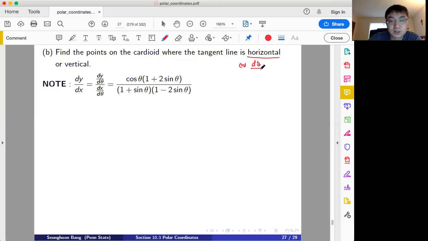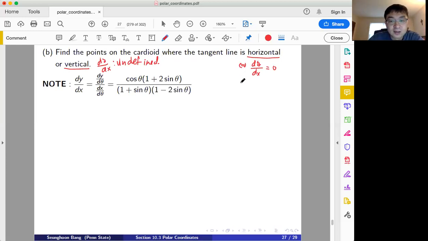So dy over dx is right, the slope equal to 0. That's the key. Was it a vertical? Dy over dx is what? Undefined. Yeah, undefined. The two kinds of things.